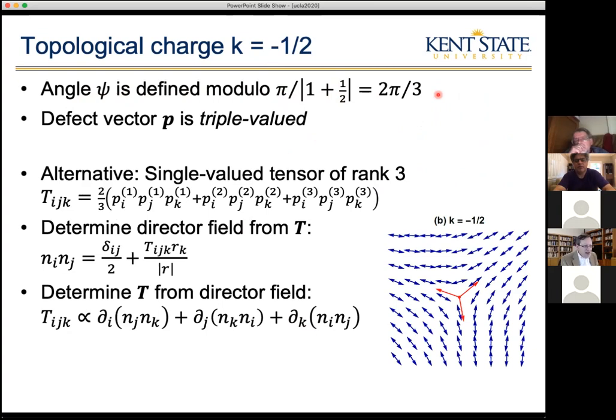So we could say there's a defect vector, which is a triple valued quantity. But it would be nice to say instead, let's make a rank 3 tensor, which is a single valued quantity to describe this defect orientation.